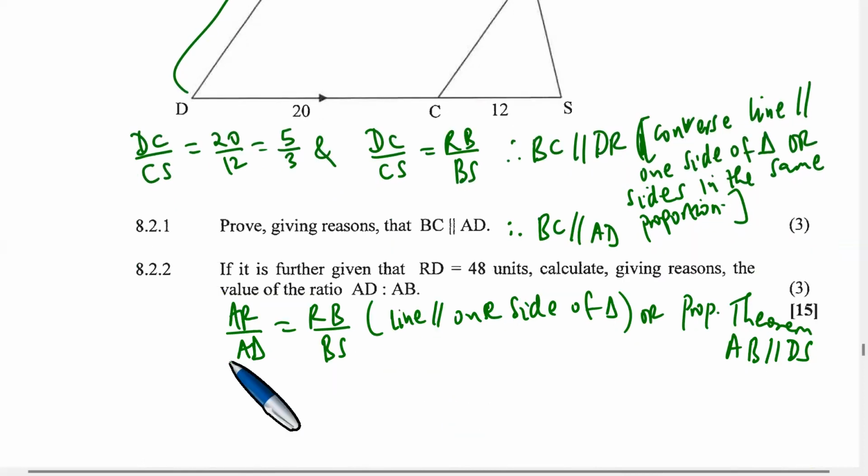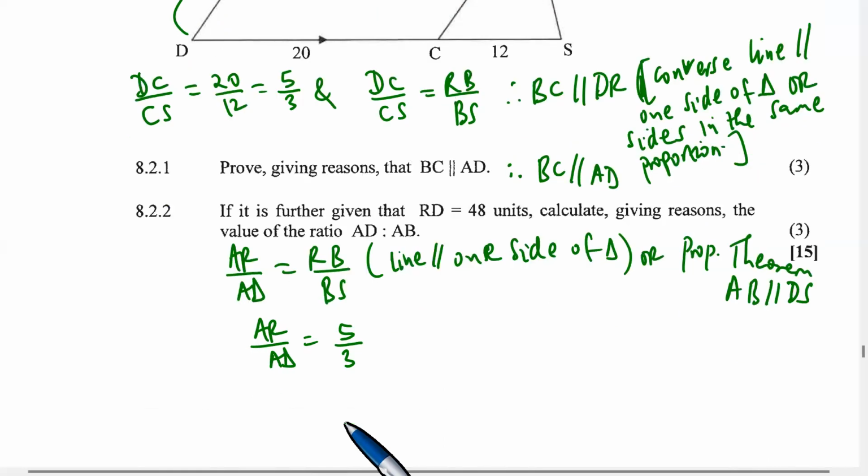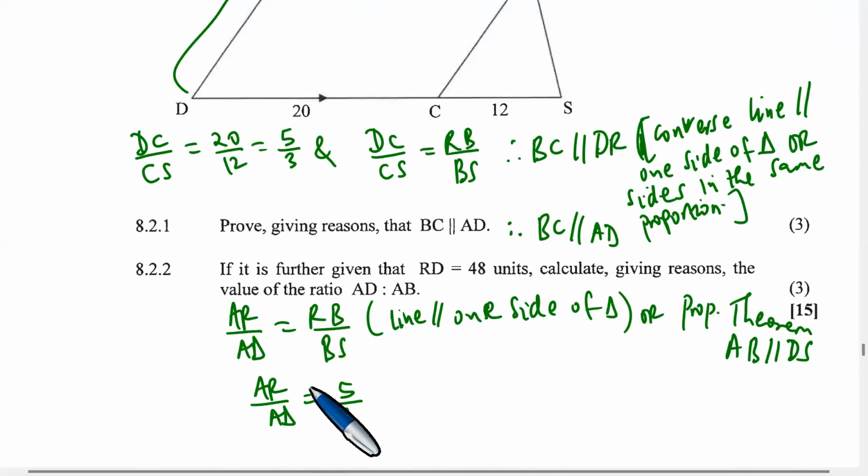The next thing is, we know that RB over BS is DC over CS, which is 5/3. So AR over AD is RB over BS, and RB over BS is 5/3. So what is AR?